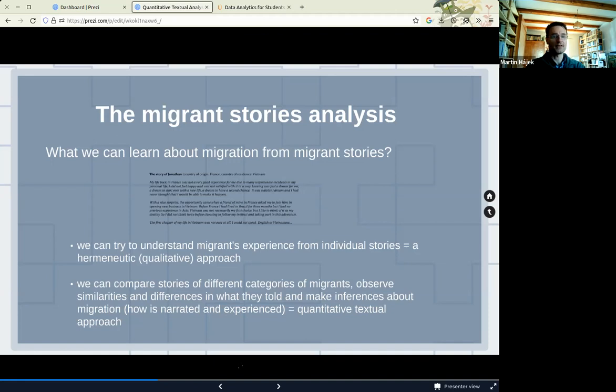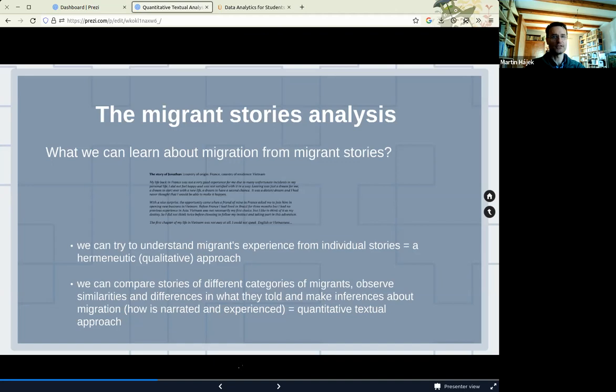We can make an assumption that the narration reflects experience somehow. Therefore, if we find differences in narration, it could be that there are differences in experiences, but it's not 100% sure. We can have different narrations of one experience. It depends to whom the story is narrated.